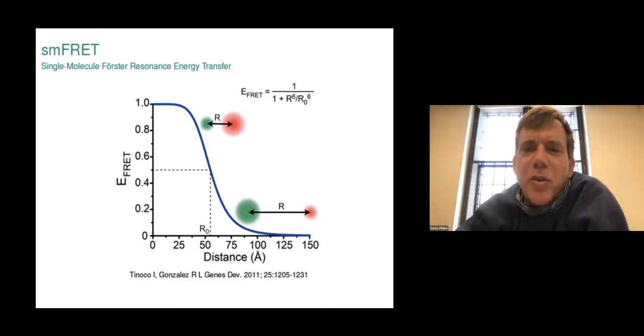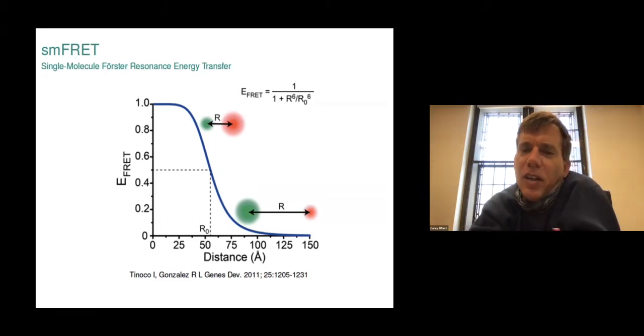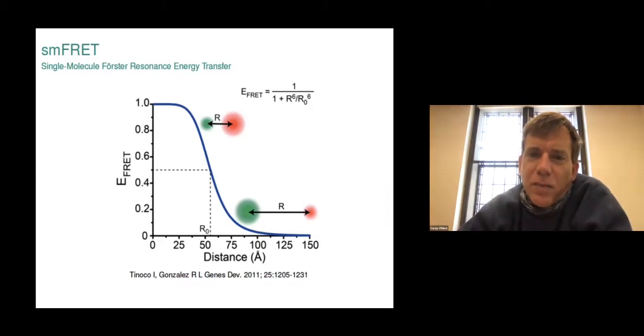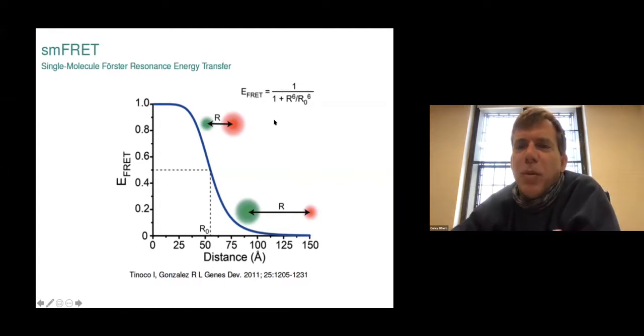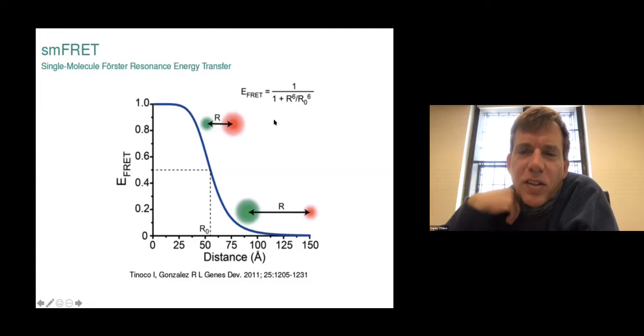The efficiency with which the second fluorophore accepts the green photon is determined by the FRET relationship: E_FRET equals 1 over 1 plus (R over R naught) to the 6th.